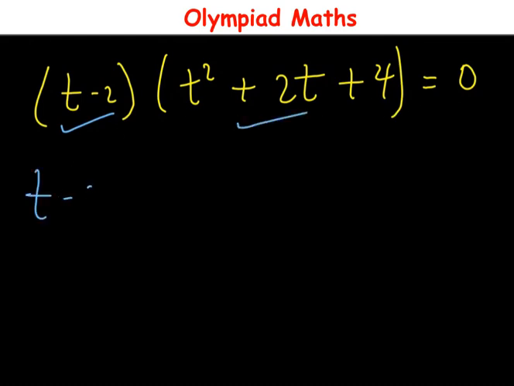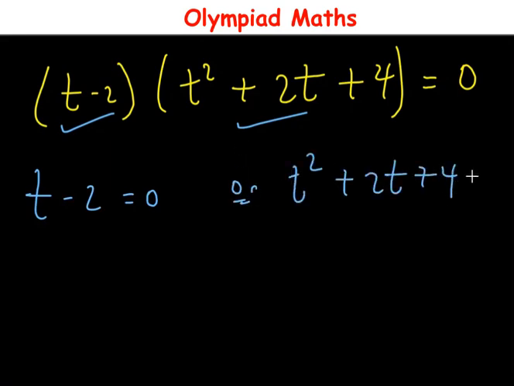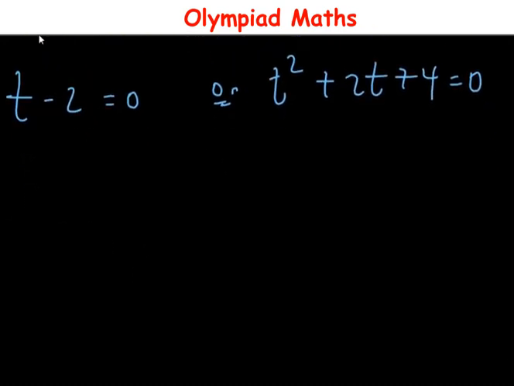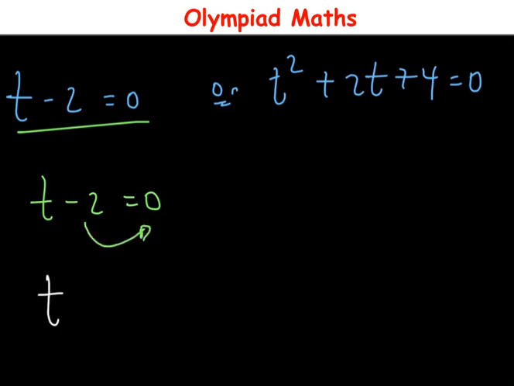So we have t minus 2 equals 0, or t squared plus 2t plus 4 is equal to 0. Let's first simplify t minus 2 is equal to 0. Move minus 2 over to this side. What we have as the value of t is equal to plus 2. So with this, we have gotten the first solution for the value of t.